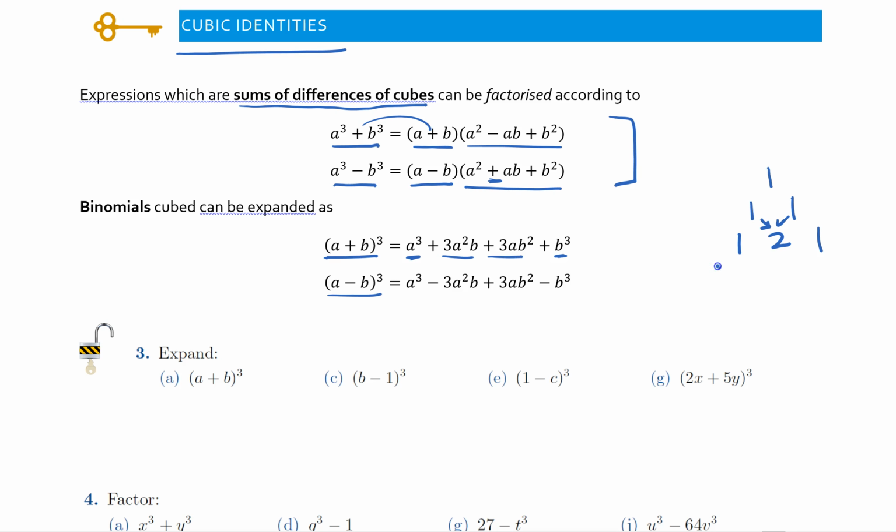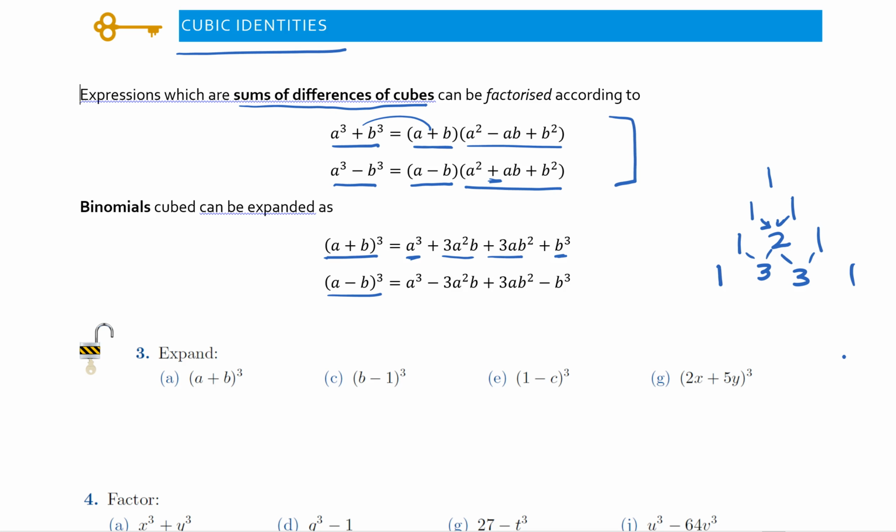If we extend that pattern, 1 and 2 is 3, just there. 2 and 1 is 3, just there. And we get a 1 just there. This is the pattern of coefficients in a cube. We could go on and get the coefficients in something raised to the 4th power, 5th power, and so on. And as I said, that will be towards the end of the HSC course.